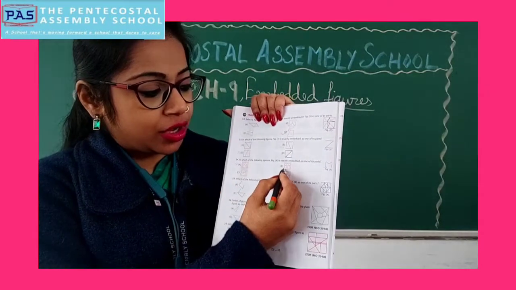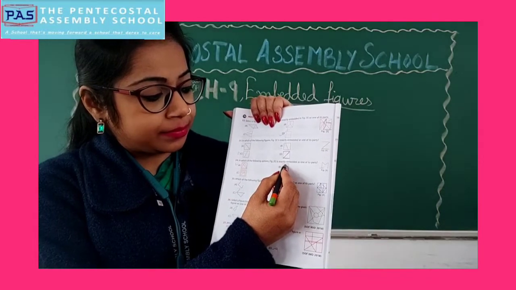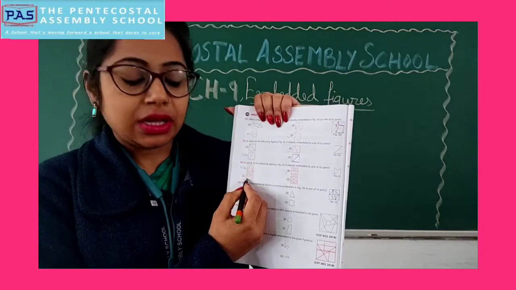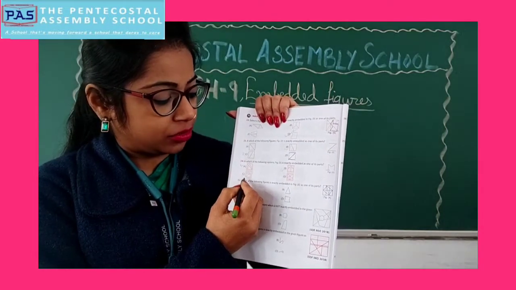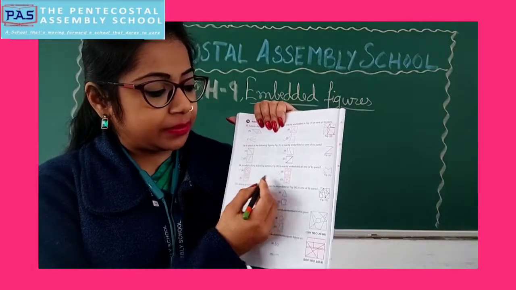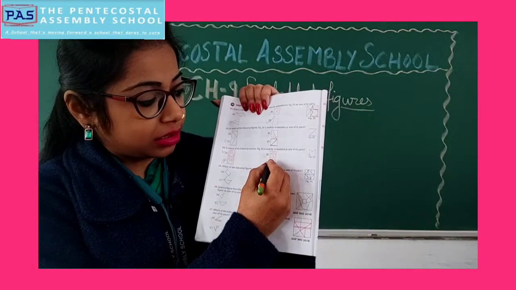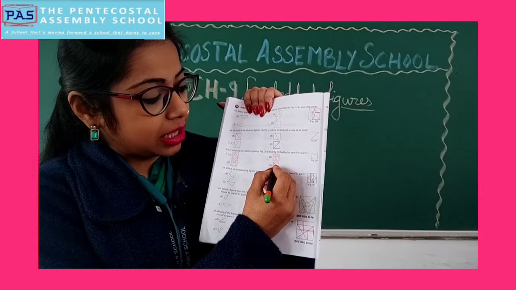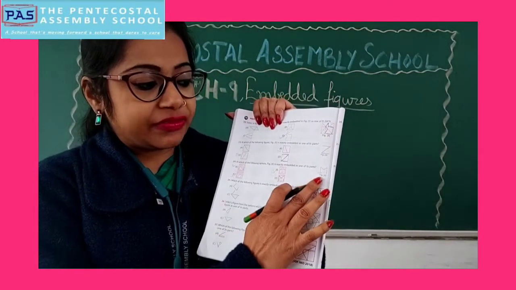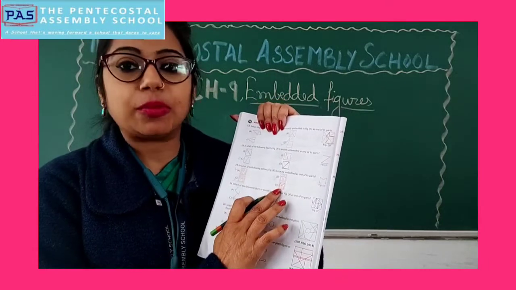No. In option B, M? No. In option C? No, I can't find this M figure in option C. But here I can see M. So this figure X is embedded in option D.